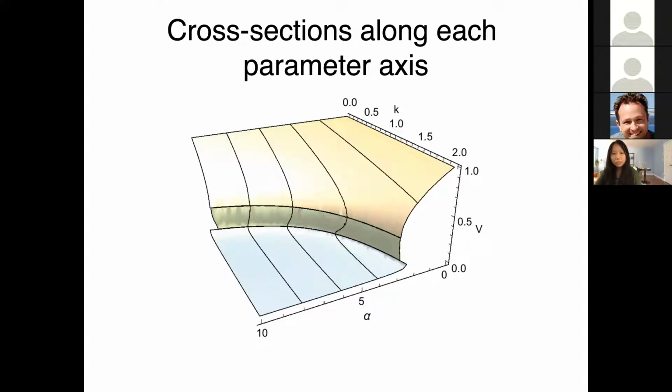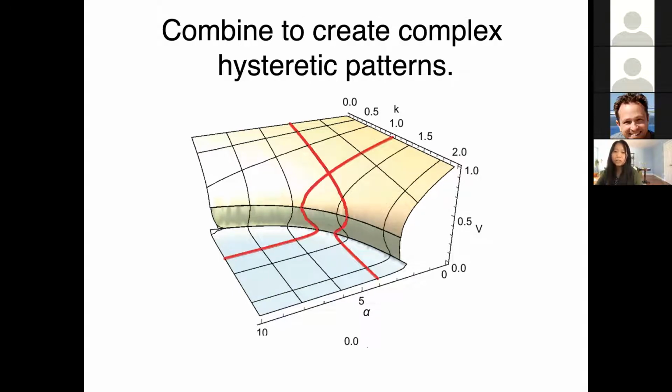So we can perform a similar analysis in the other direction, and you can place cross sections there, and we can see that the other driver variable produces a similar result. So you get this S-shaped bifurcation as well.